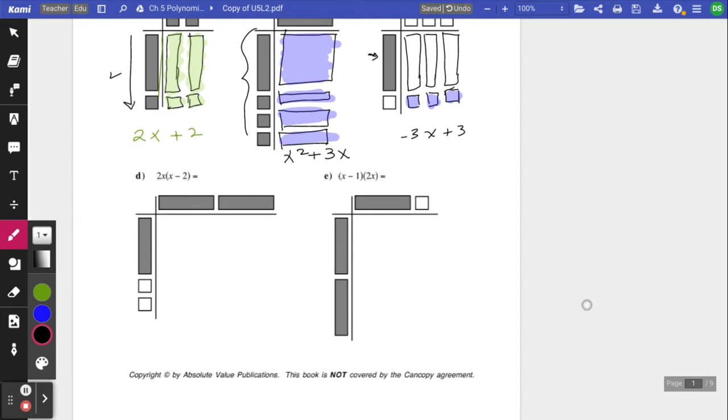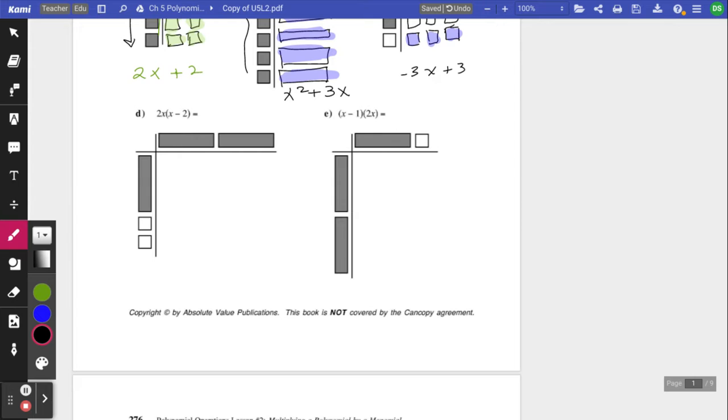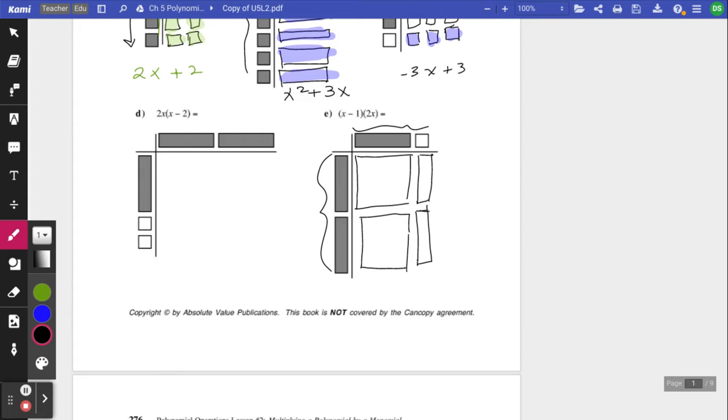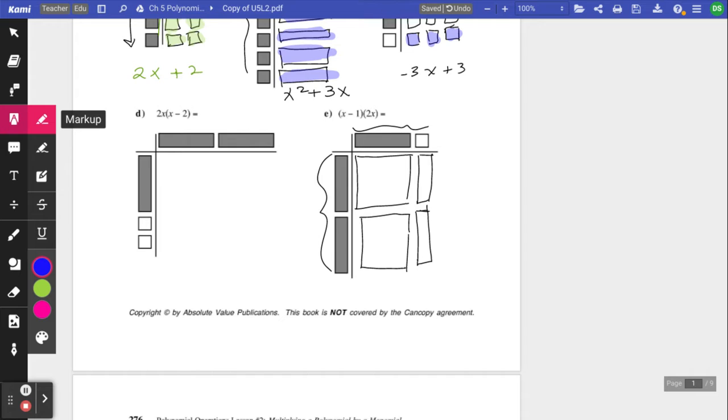All right, I'm just going to fill out the last one. We'll do letter E. Here's my x minus 1. There it is. And here's my 2x's. What happens when I do that? Well, this block will go here and then down. So fill out the rest of it. This will go here and then down. And similar again. Okay, now we just decide shading. If they're the same color, we shade it.